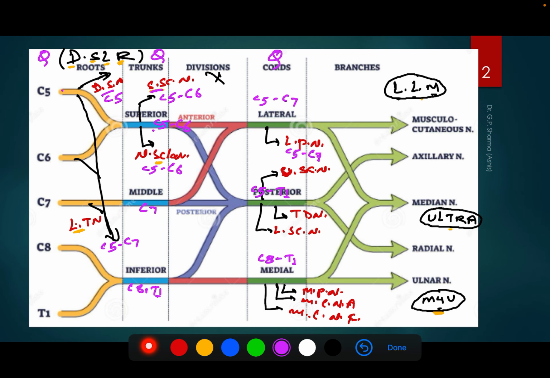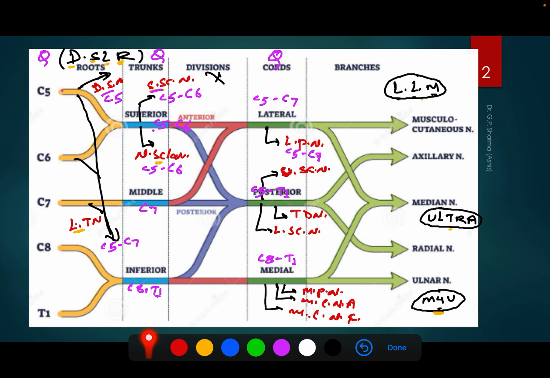So once we know this one, here we have some exceptions in this posterior chord branches. This we will come back. We will use the rule of the segmental innervation in this region. Okay, so now let's go to the root values for the medial chord. From the medial chord we have the branches.